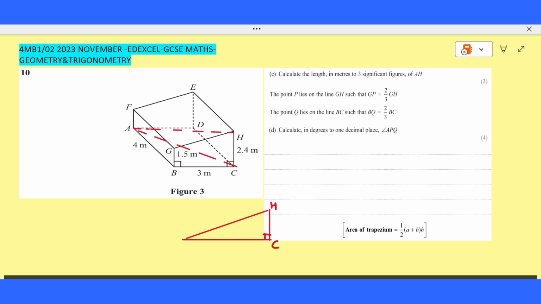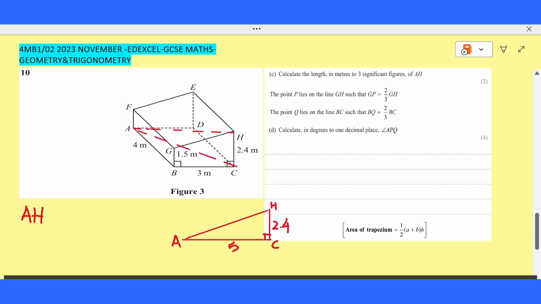So then we just copy and write down the triangle AHC with the dimensions. AC is 5 and CH is 2.4. How do you get 5? From the square root of 4 squared plus 3 squared, which is the square root of 25, equals 5.